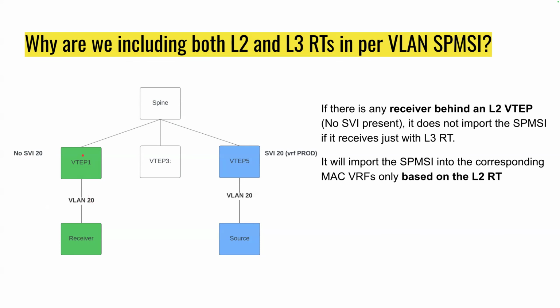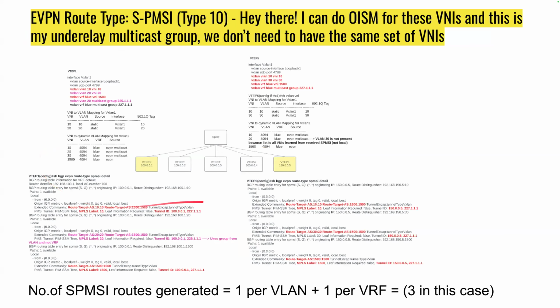Okay. So in this case, let's say if we talk about VLAN 10, for example, VTEP 1 receives this route target. Let's say it is just receiving route target 1500 for this MPLS label 10.